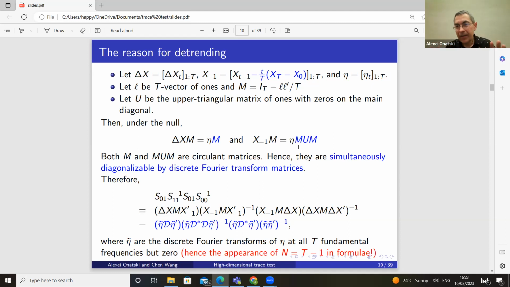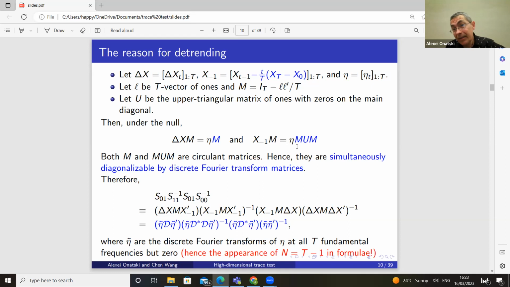And this is all I need, because M, and M times U times M, are very good matrices. They are circulant matrices. And circulant matrices are all simultaneously diagonalizable. This simultaneous diagonalizability is playing a huge role in what I'm doing. If I'm not able to simultaneously diagonalize, my method will just not work.